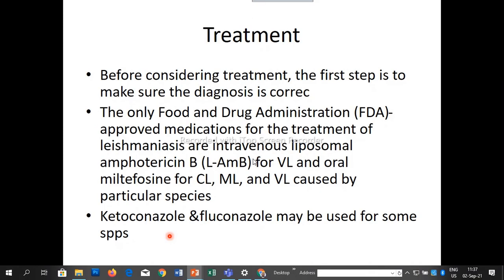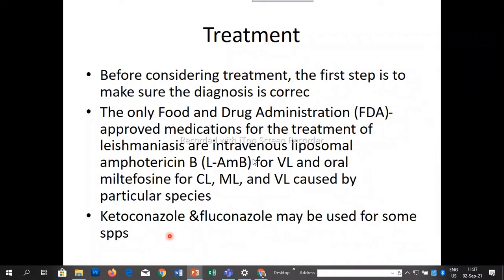Treatment. Before considering treatment, the first step is to make sure the diagnosis is correct. FDA-approved medications to treat leishmaniasis are intravenous liposomal amphotericin B, which can be used for visceral leishmaniasis, and oral miltefosine for cutaneous leishmaniasis, mucocutaneous leishmaniasis, and visceral leishmaniasis caused by particular species.